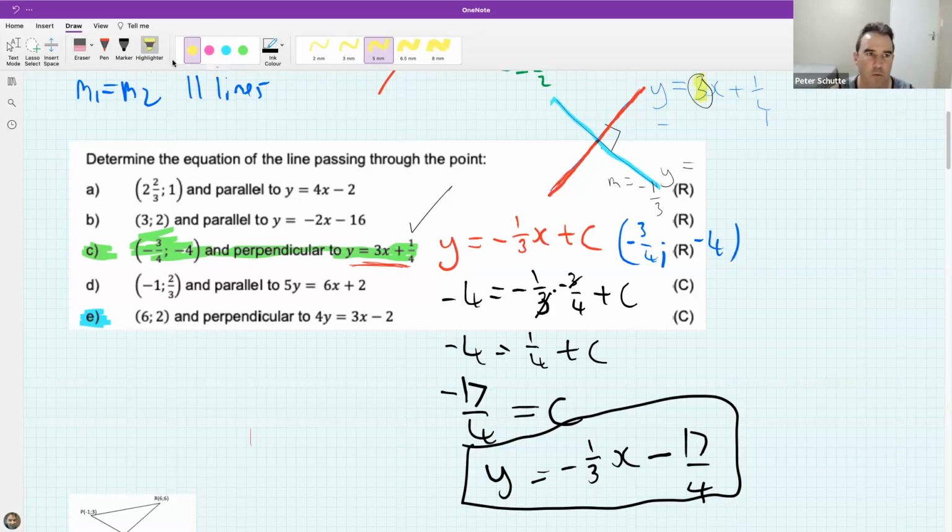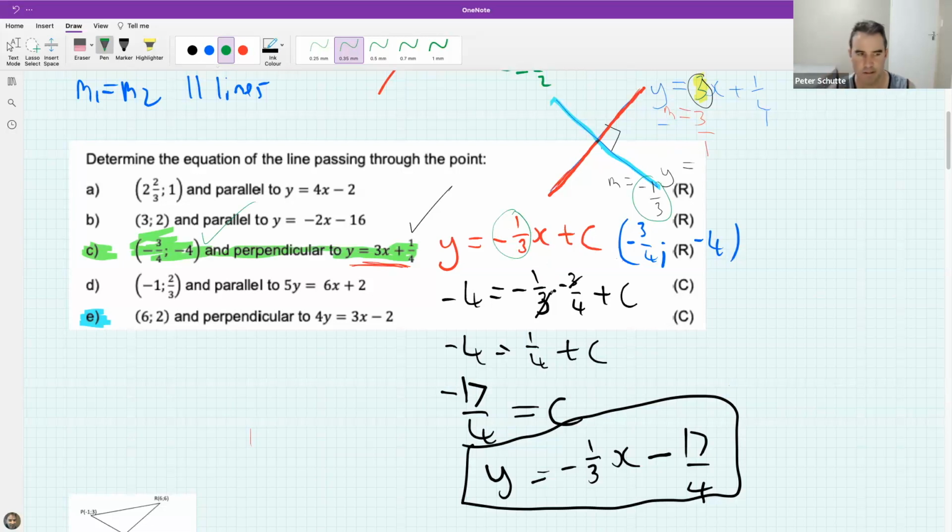So the gradient of the red one is equal to 3. But the gradient of the line perpendicular to that, I need to flip it and change the sign. So that's why this blue one has a gradient of minus a third. And that's why minus a third ends up in my standard form. And then I need to take this point and put it into there.